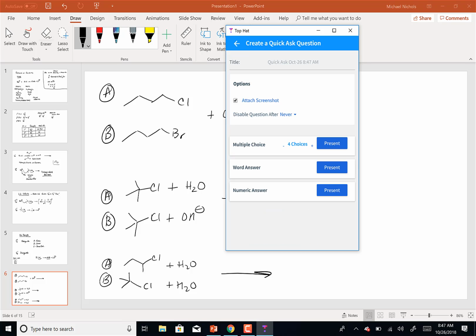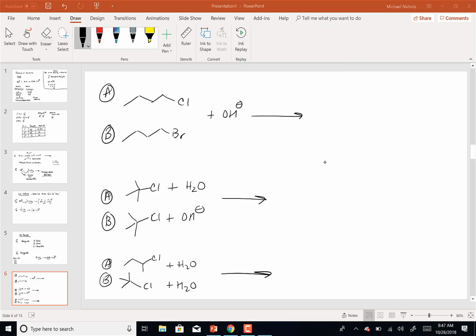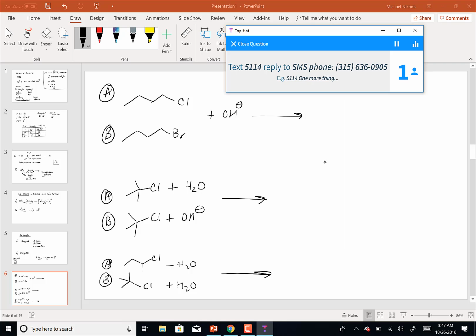All right, next one. Which one's faster, A, B, or same rate, C, for the second set?